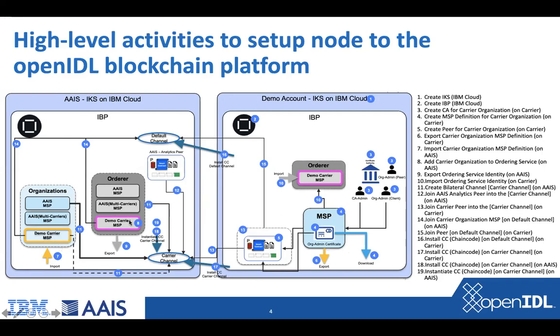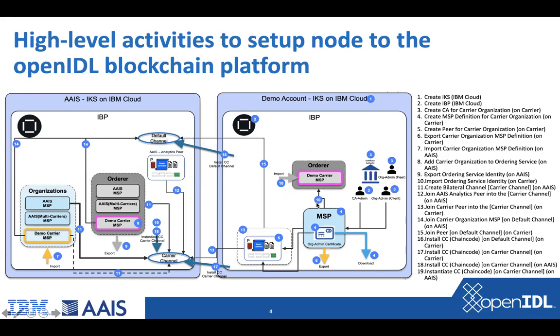And then, we will set up the orderer service. Now we will add the definition to the orderer service and we will export that. And we again import that back into the IBP instance that we created so that they are tied together.